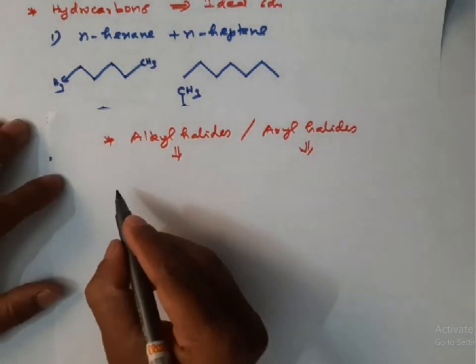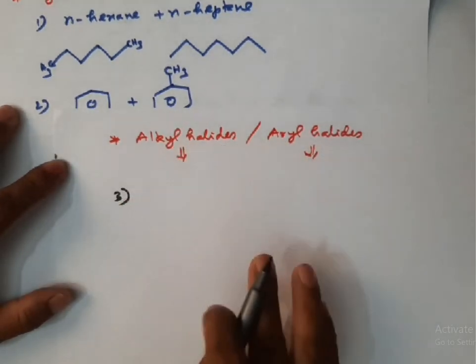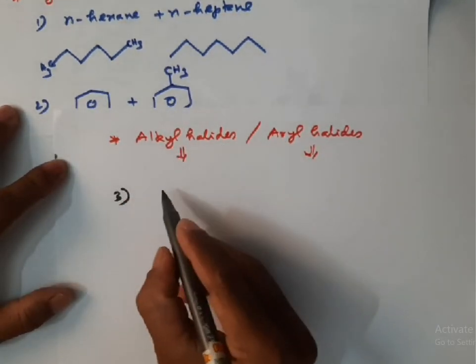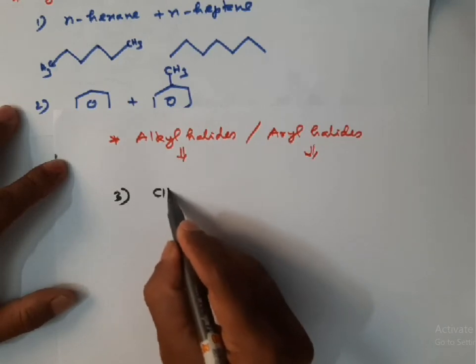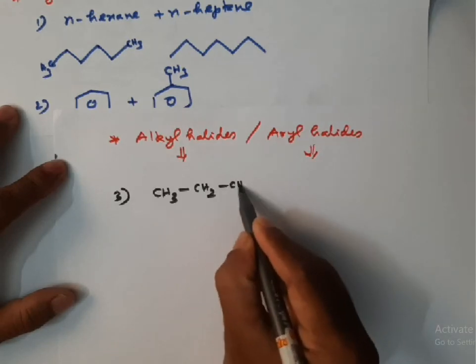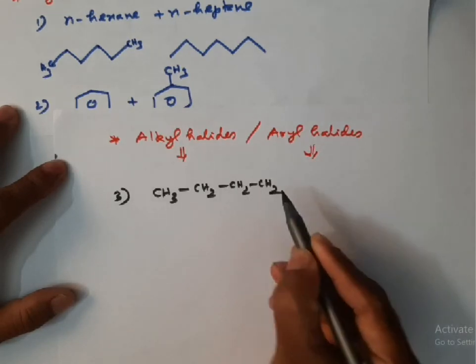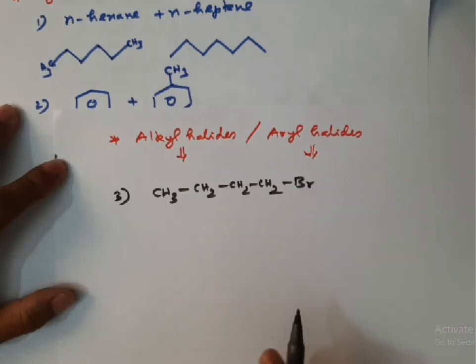What is meant by that? See, I'll give an example. Example number 3. I'll take two alkyl halides, for example N-butyl bromide: CH3, CH2, CH2, CH2, Br.